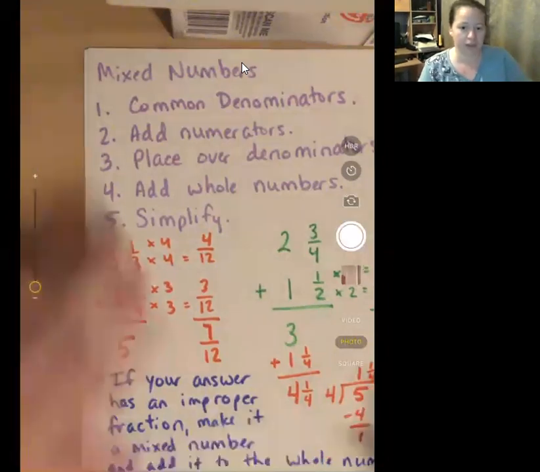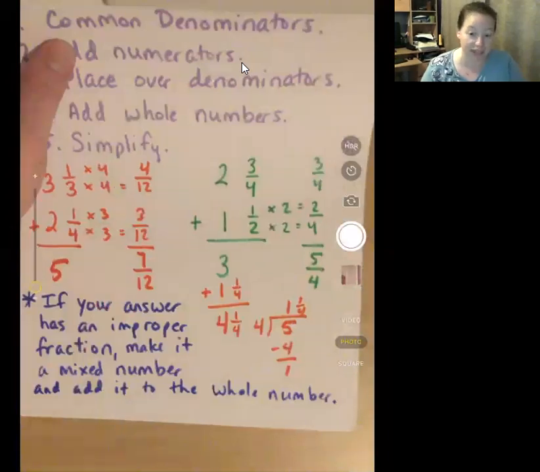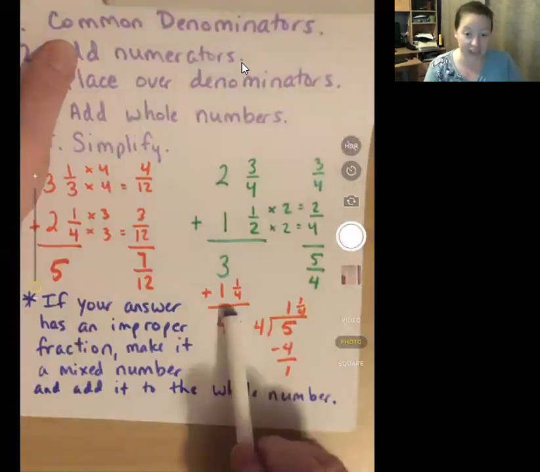Okay, so if your answer has an improper fraction, make it a mixed number and add it to your whole number.